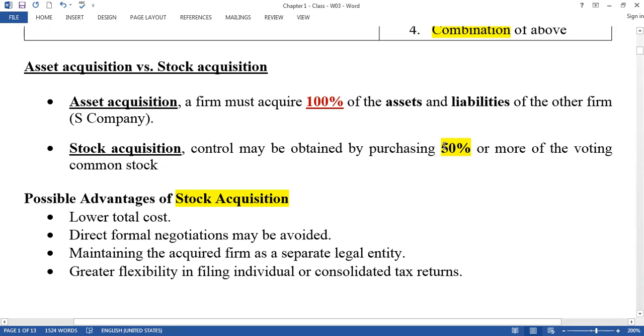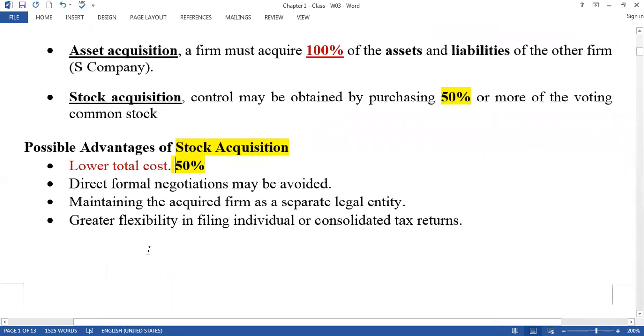I think this part, right? Stock acquisition is regarded as lower total cost. Why lower total cost? You can buy only 50%, and you can claim that you have the controlling power of this company. You don't need to buy 100% of net assets. Just by buying 50% of their common stock, you can claim your control: voting control, priority control, right? So comparing asset acquisition and stock acquisition, stock acquisition is lower cost.